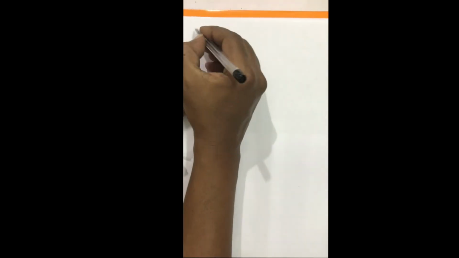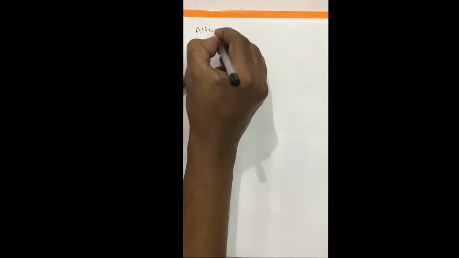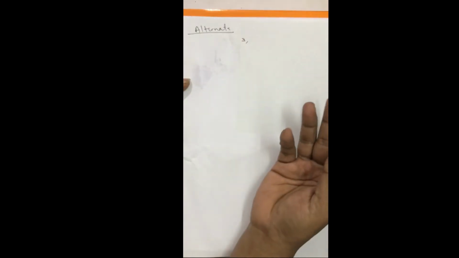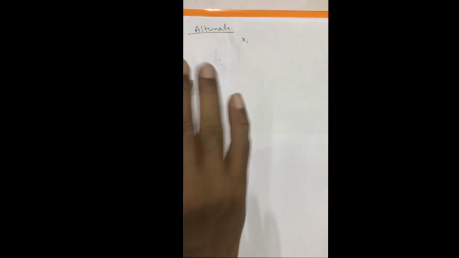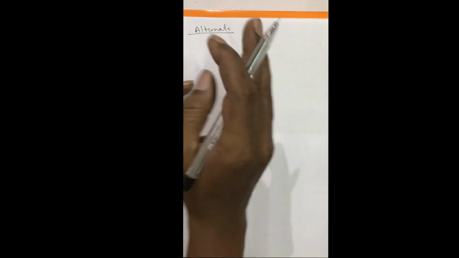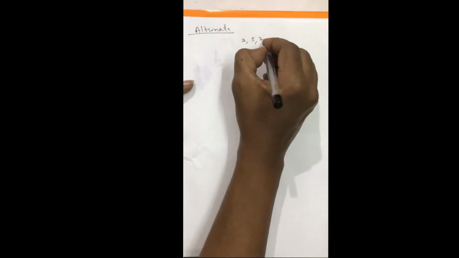See, consecutive natural numbers will always be like that. They go one after the other. And the other kind is alternate numbers. Alternate numbers means leave one and then go. Supposing 3 is there. The next alternate number will be 5, you ignore 4. Then the alternate number of 5 will be 7, you ignore 6.